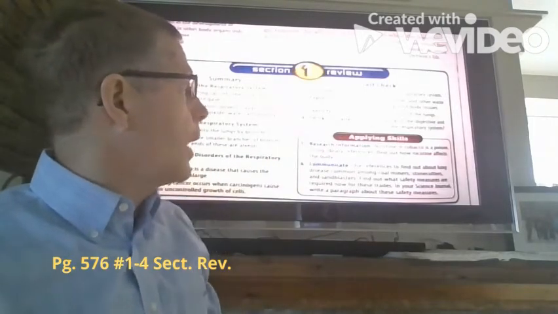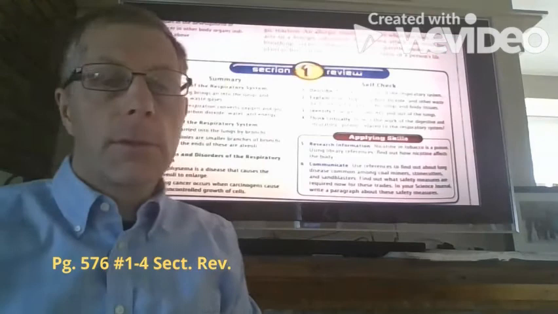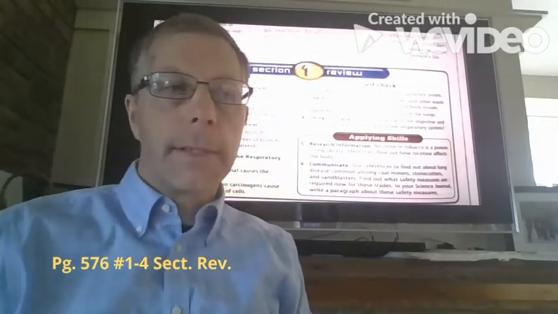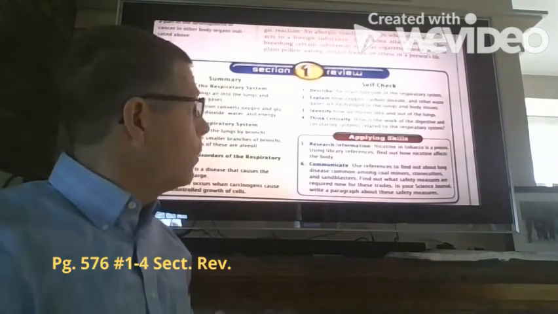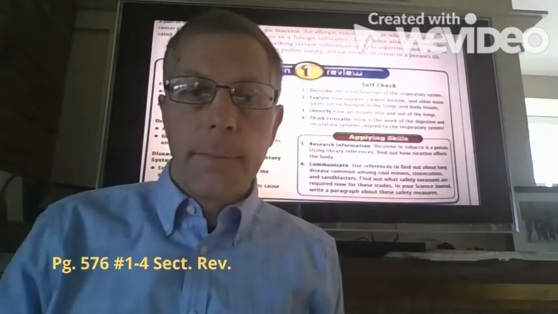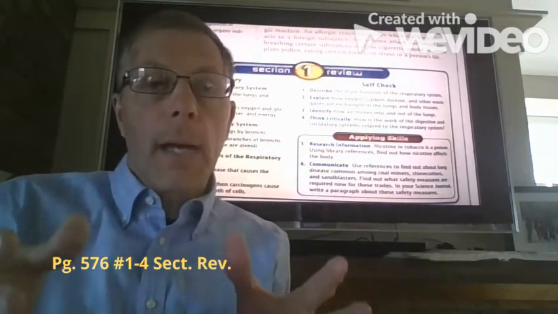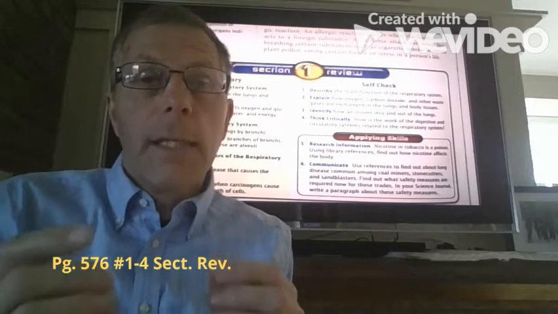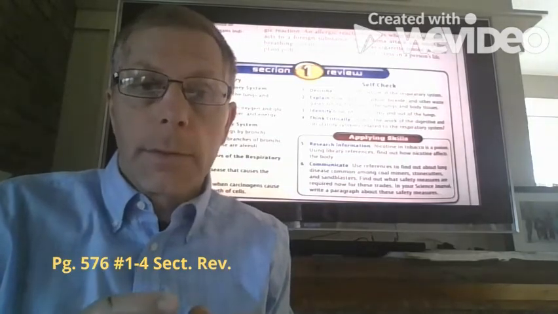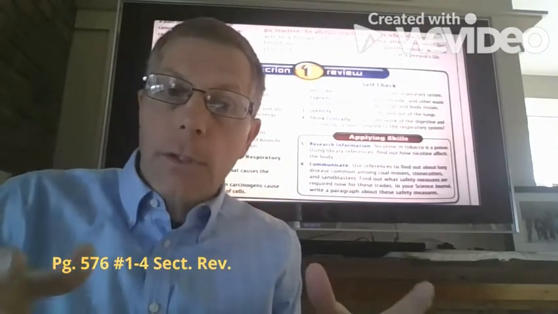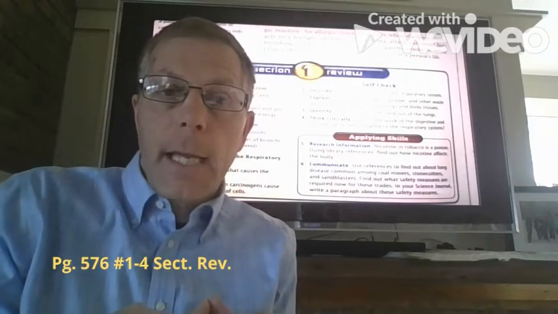And finally, number 4, how is the work of the digestive and the circulatory systems related to the respiratory system? Well, the digestive system, remember, breaks down food particles into usable molecules that can pass through your circulatory system to get to the cells.